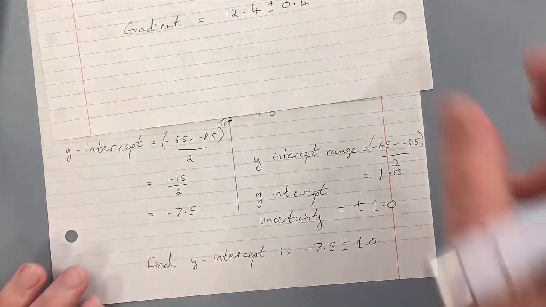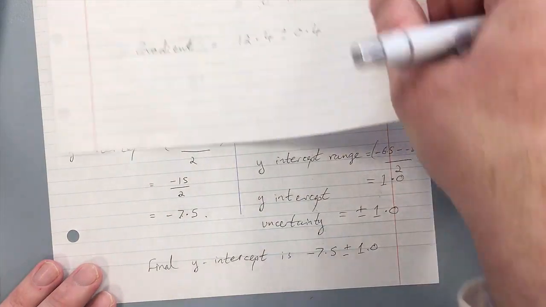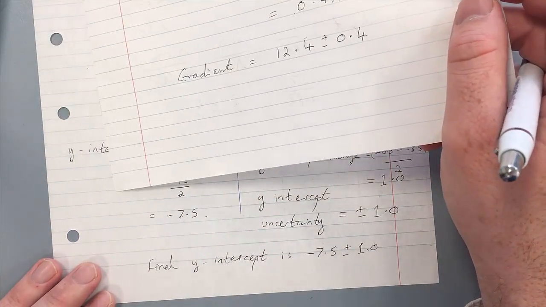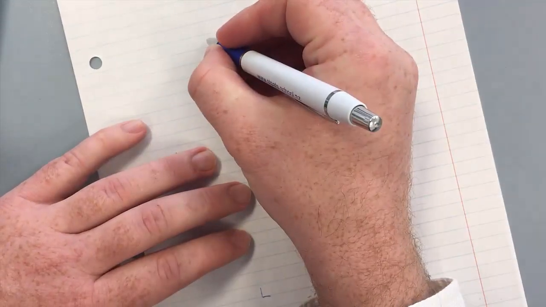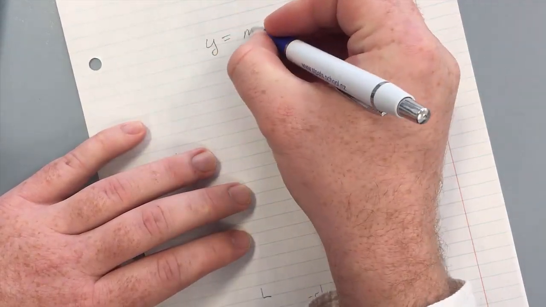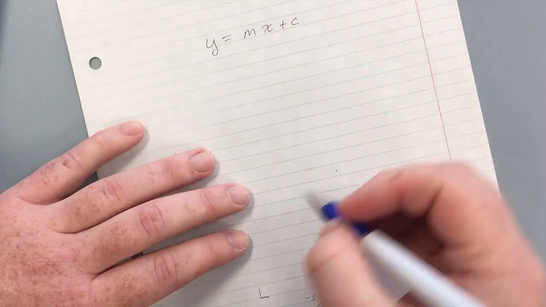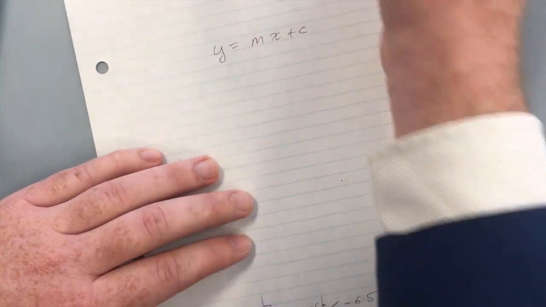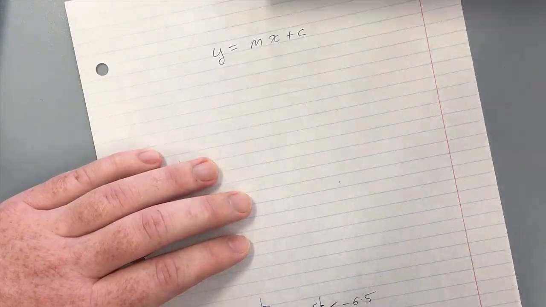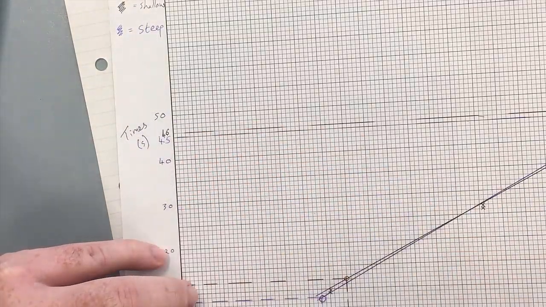our mathematical relationship for how the time varies with the change in height of a column of water. And for this we use the equation of a straight line, which is y equals mx plus c. We don't refer to y or x after this, and so our y quantity is time.